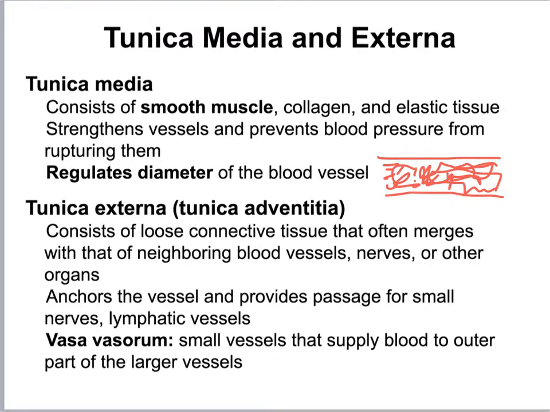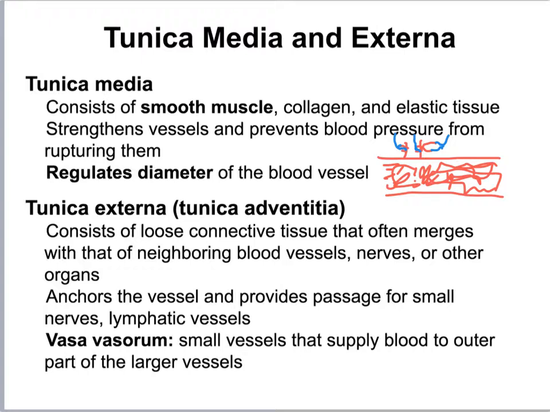So you'll actually have these little branch arteries that carry blood out to that connective tissue where you can provide oxygen to the cells in the tunica externa itself.